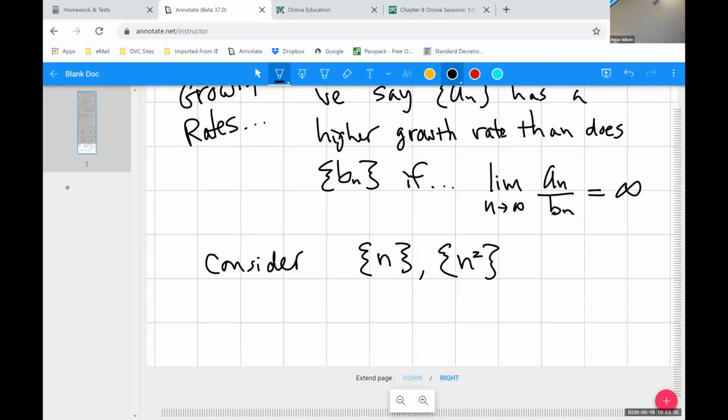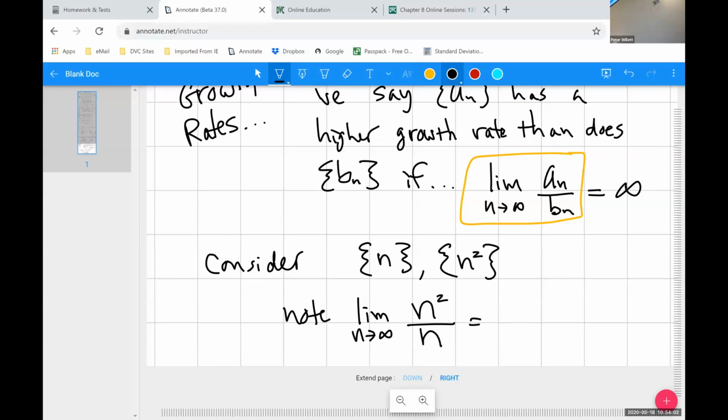The way we can check that is by taking a limit of a quotient. So the limit as n tends to infinity of n squared divided by n. I'm taking the limit of the quotient of the terms.